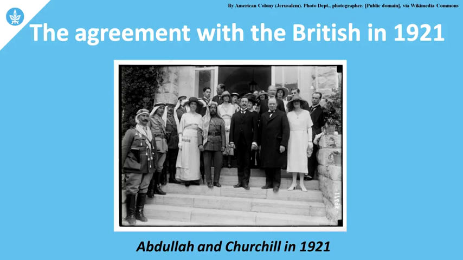The British at the same time were not quite sure what it was that they wanted to do with Transjordan, and they had no political arrangement for the territory of Transjordan. In March 1921, Abdullah and the British came to an agreement that he would rule Transjordan, at least temporarily, if things went well.